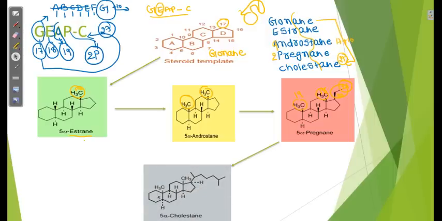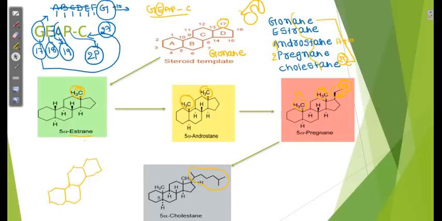So cholestane, this structure, whatever I have drawn, it is very important for us. So I draw this here to explain how to draw the cholestane. Just a little bit it is going to change.